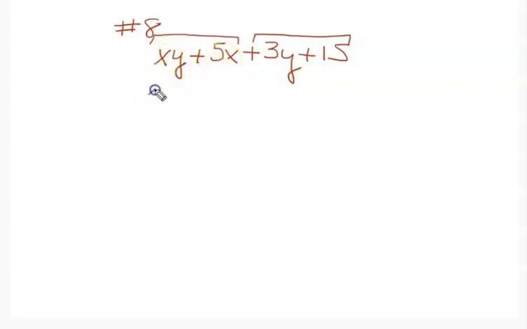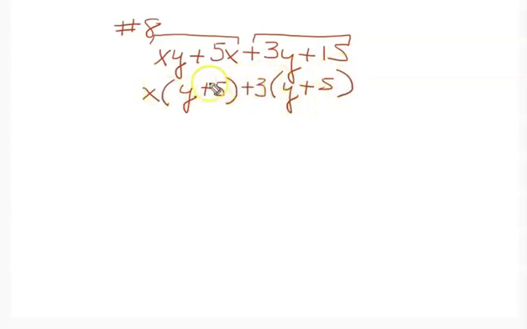And the answer is yes, I could factor out an x. And now I get y plus 5. Now, what can I factor out of these 2? Well, I could factor out a 3, and now I get y plus 5.